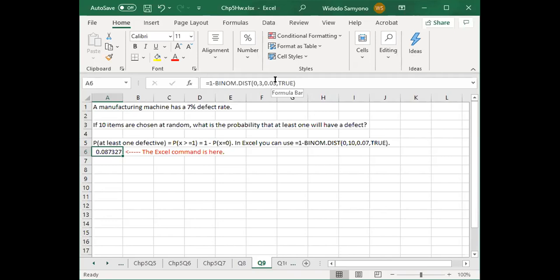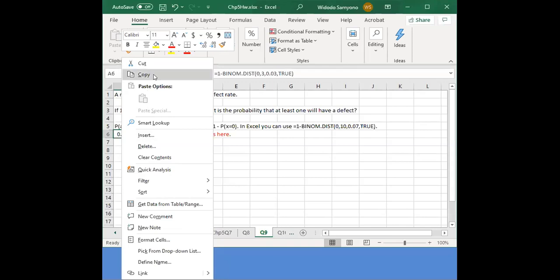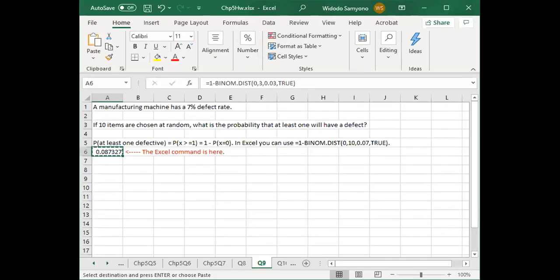So if you put false, it will also give you the correct answer, because cumulative or exactly, you will get the same answer. Okay, so this is the answer. You need to put this in the answer box in MyOpenMath. So you can copy and paste it here.